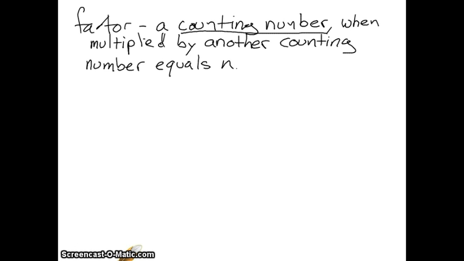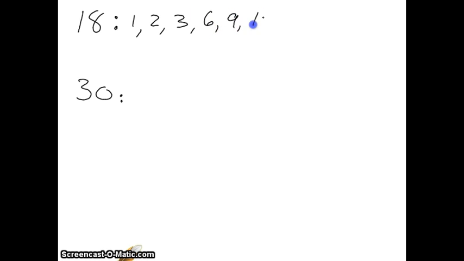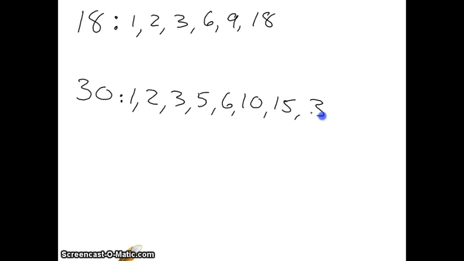So we want to talk about common factors. We'll take two numbers, 18 and 30. In the past, you learned that you could find the factors of 18: 1, 2, 3, 6, 9, and 18. And you find the factors of 30: 1, 2, 3, 5, 6, 10, 15, and 30.